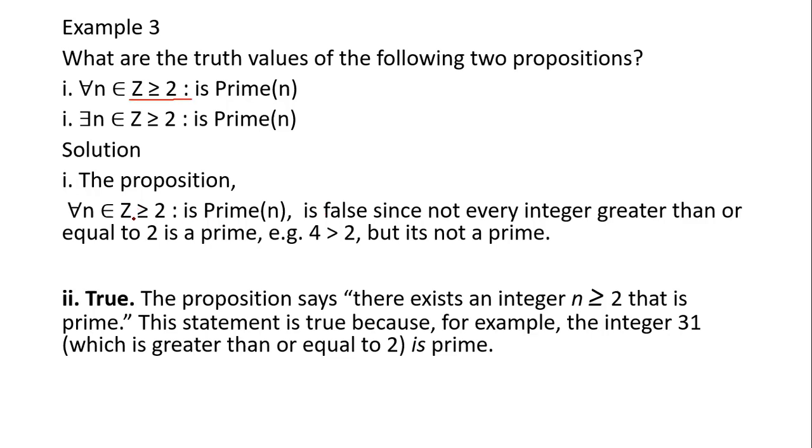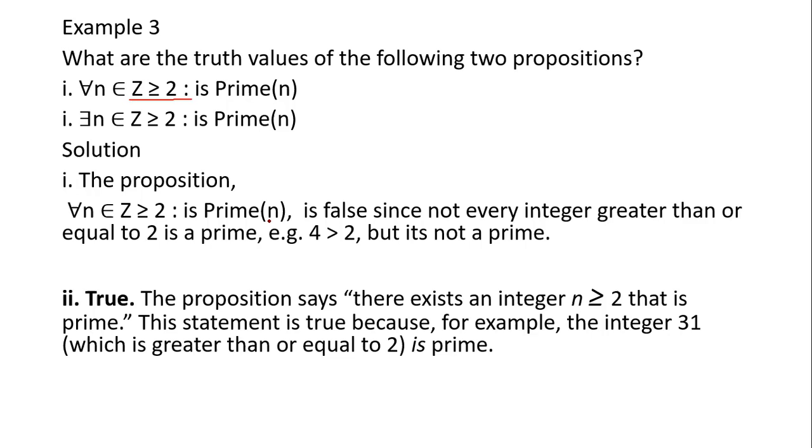Because if n is any integer greater than 2, we have some numbers greater than 2 which are not prime numbers. For example, take 4. When n is 4, 4 is greater than 2, which is true, but 4 is a prime number, which is false.